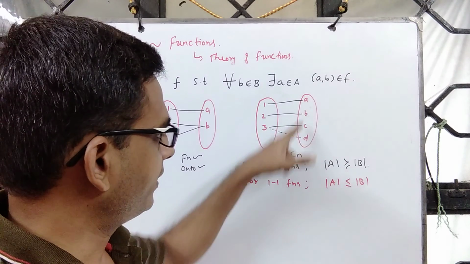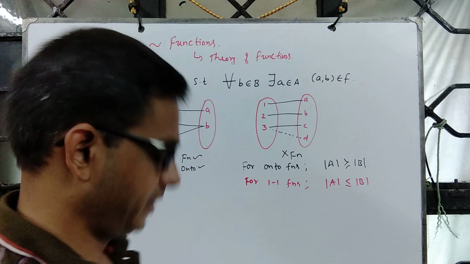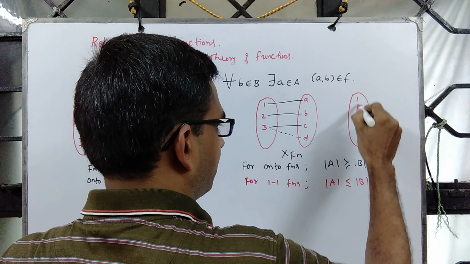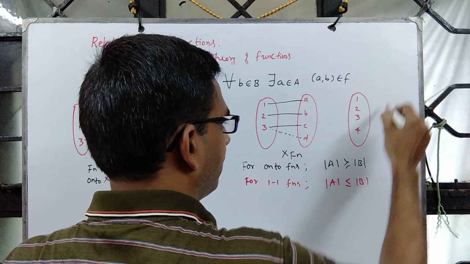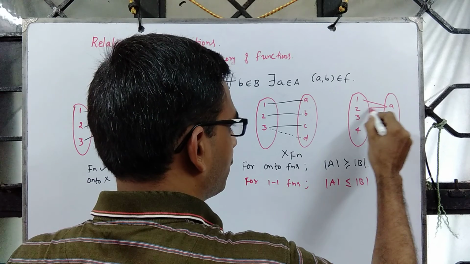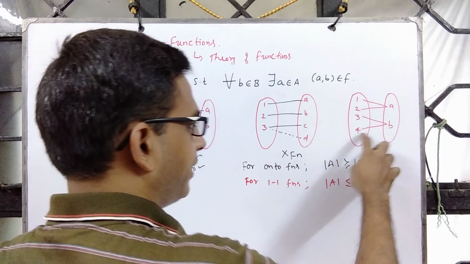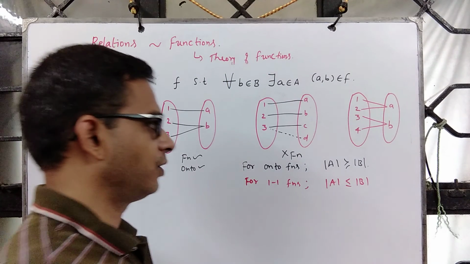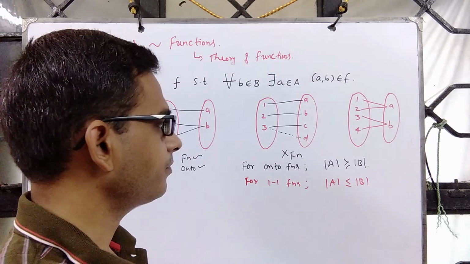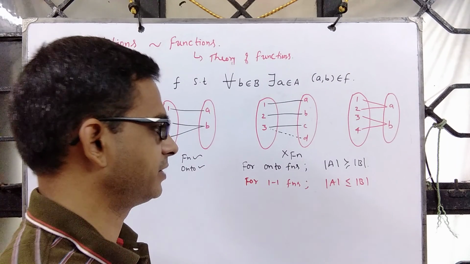For onto, for each of them there should be a preimage, so the domain should have more elements. So for example 1, 2, 3, 4 and A, B, you may map 1 and 2 to this, 3 and 4 to this. You may have more than one preimage for an element in the codomain. That is acceptable as per the definition. But no element should be left out without a preimage.